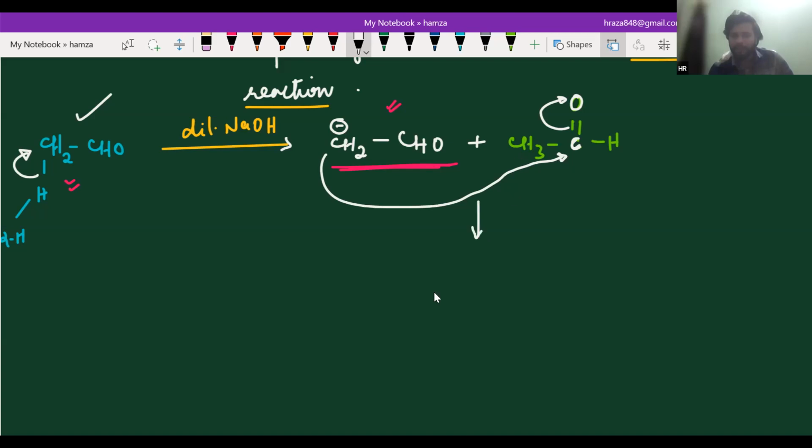Now this is your CH3, I'm going to write, and this is your CH, and there is O which has a negative charge. Since this CH2 attacked on this, it will form a bond with this, and then there was CHO with this. So can I write this?